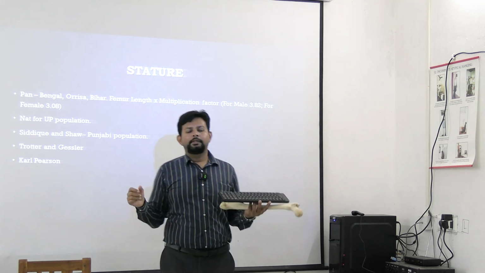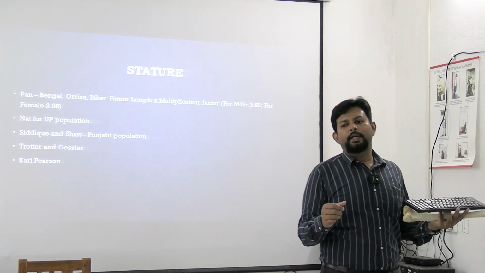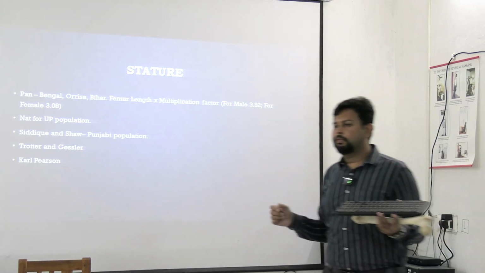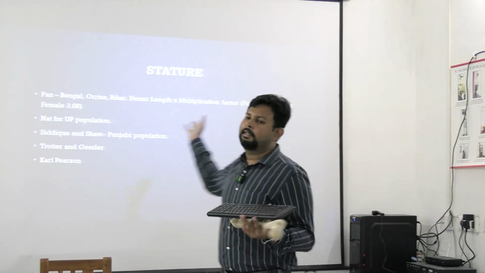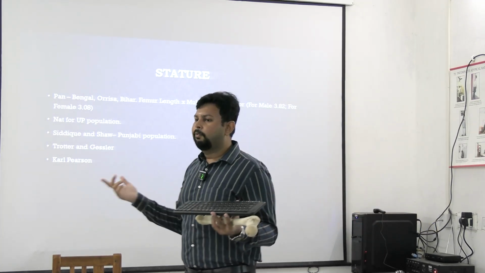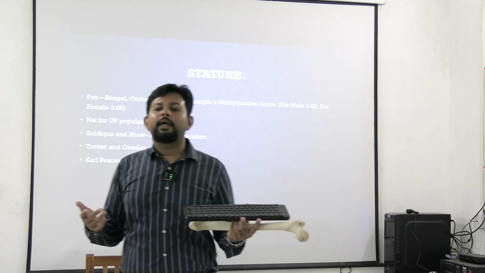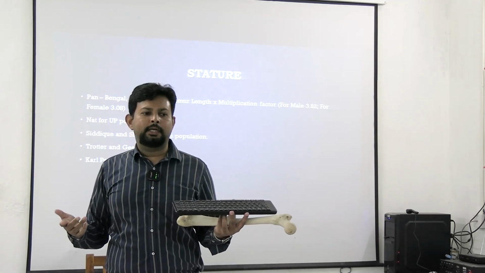This might be asked in your exams, like in viva, tell how you calculate the stature from long bones. So you have to state that from Pan, the multiplication factor is 3.82 for males and 3.08 for females. The second question might come, what other charts do you know?